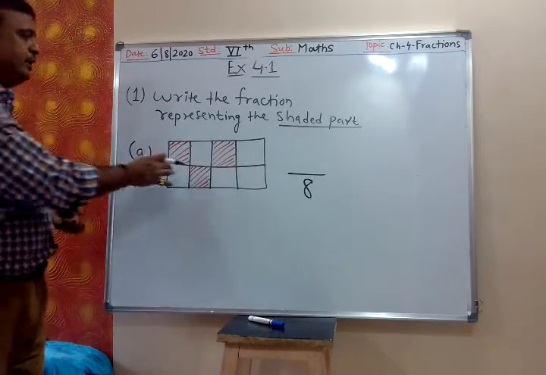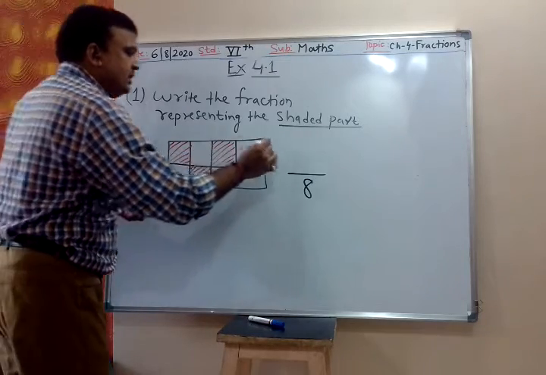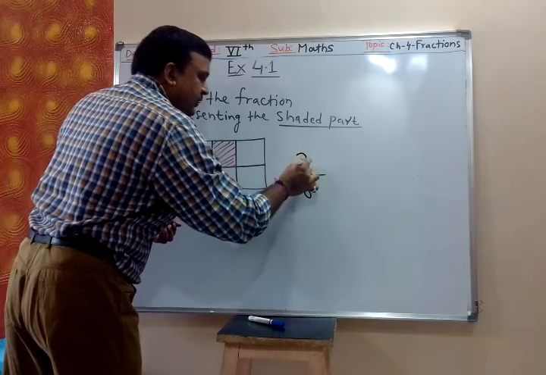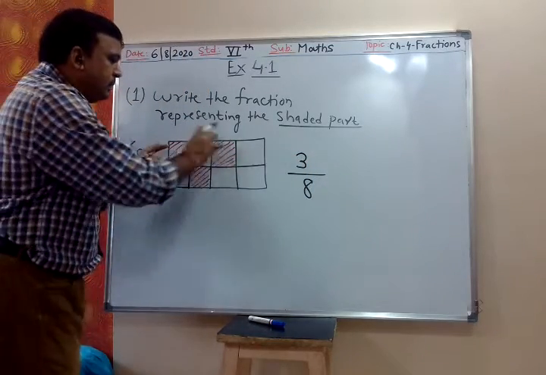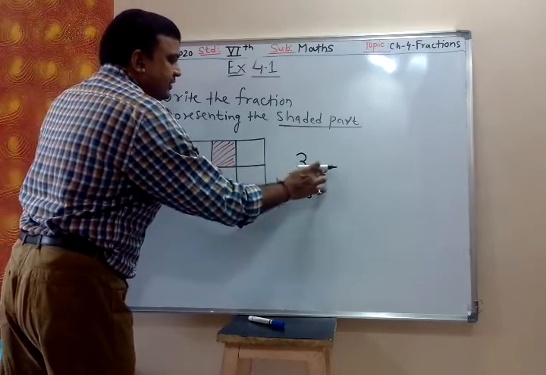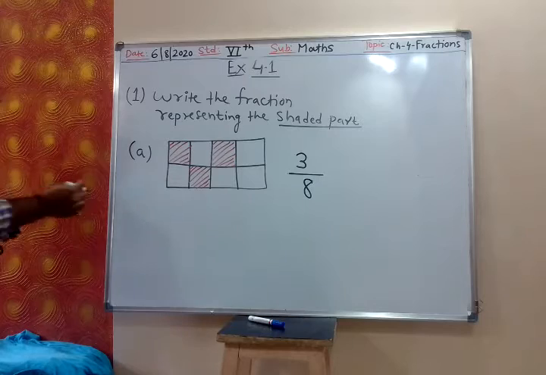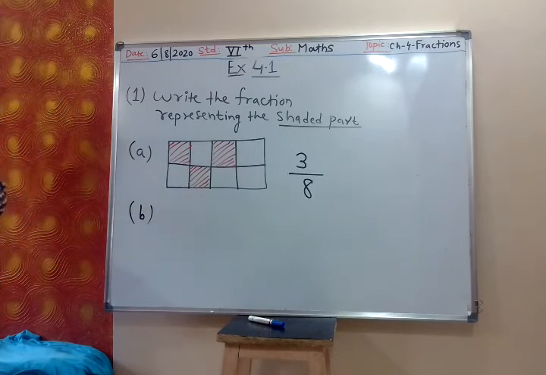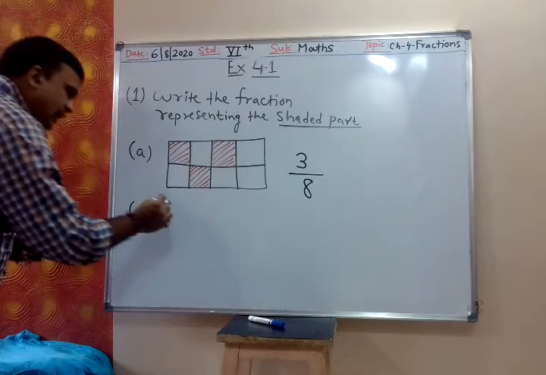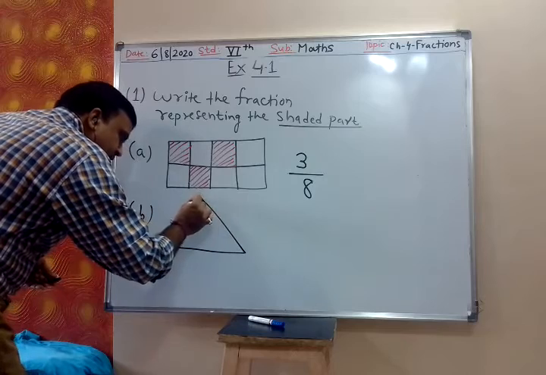Out of which 8 parts, how many parts are shaded? 1, 2, 3. That shaded part we write in the numerator and whole part we write in the denominator. So the fraction is 3 upon 8.